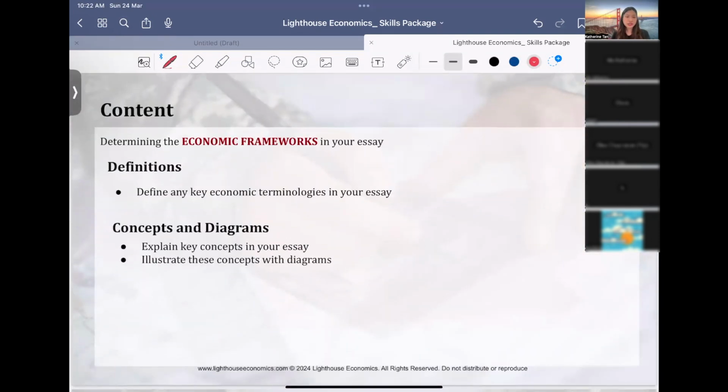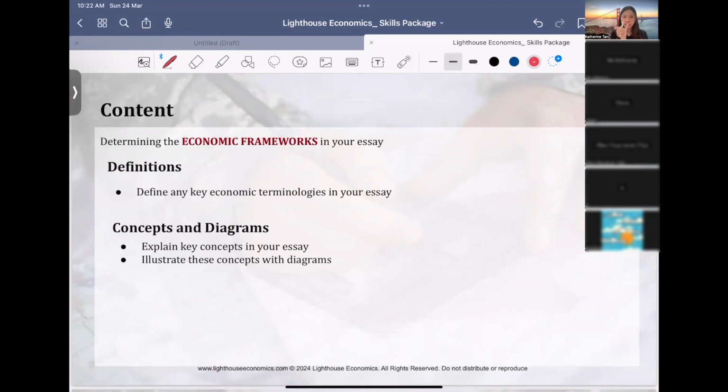So next is content. Content will determine the economic frameworks of your essay. You must look at what the key economic terms within the question are, or sometimes it's not going to be very explicit, so what economic concepts are being tested? Some questions are harder to understand. Maybe they say, tell me what the factors are that can influence the price of this good, or the price of this good has risen dramatically, tell me what factors could contribute to it.